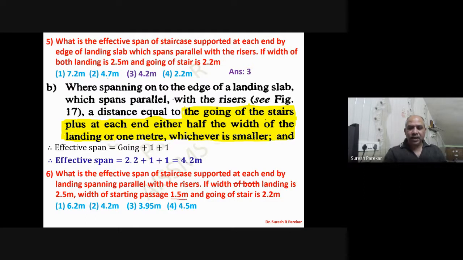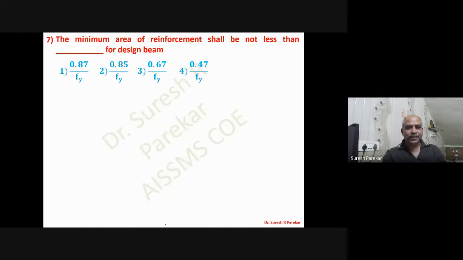So we have to go for half of this. So that will be 2.2 plus 0.75 plus 1. As it is 2.5 meters, we have 1 meter for this, and for 1.5 meter we have 0.75. So it comes 3.95 meters. So the option we have is 3.